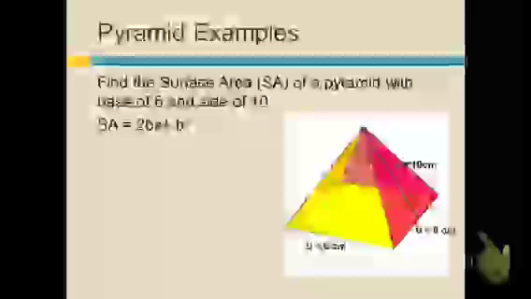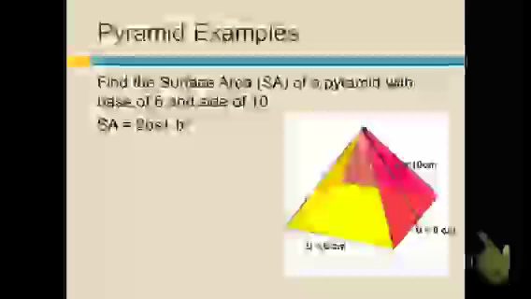To find the surface area of a pyramid with a base of 6 and a side of 10, that means that all sides of the base of the pyramid are 6 units in length. We use the surface area equals 2 times the base times the side plus the base squared. The base squared gives us this bottom square. 2 times base times side accounts for the fact that we have 4 triangles.